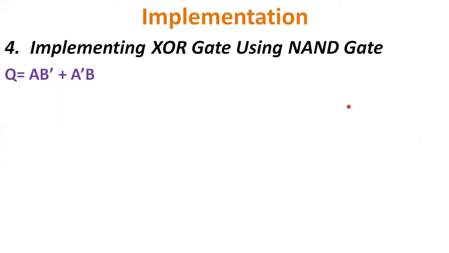No problem. Now what I told is that we have to implement all these gates using NAND gate, and NAND gate has only the product form of inputs, right? So in the final expression, we don't want the plus sign. That means we have to convert this plus sign using De Morgan's law.